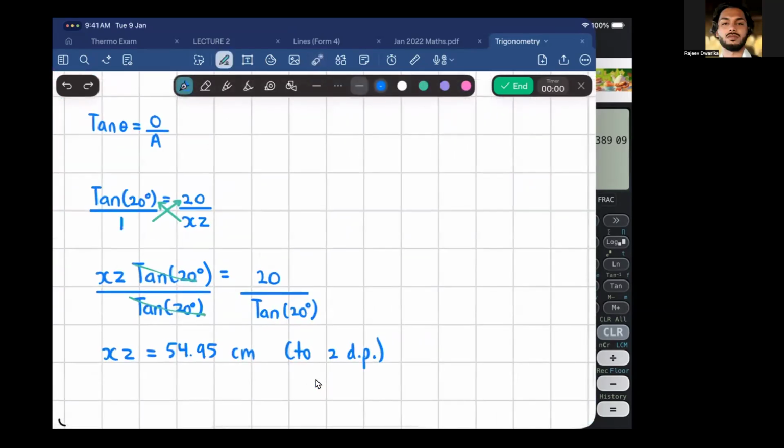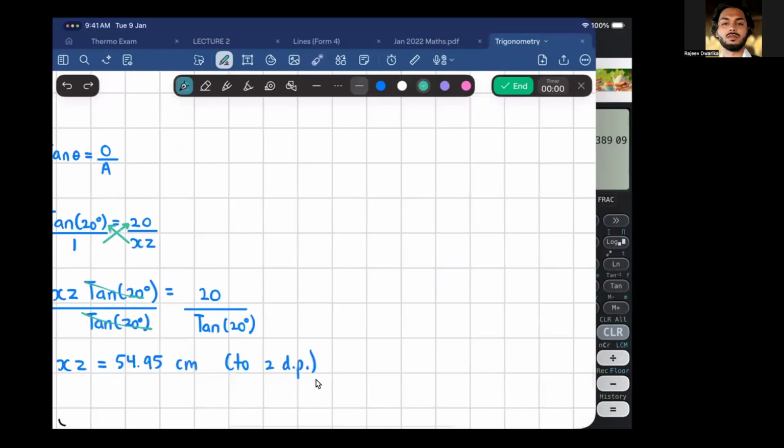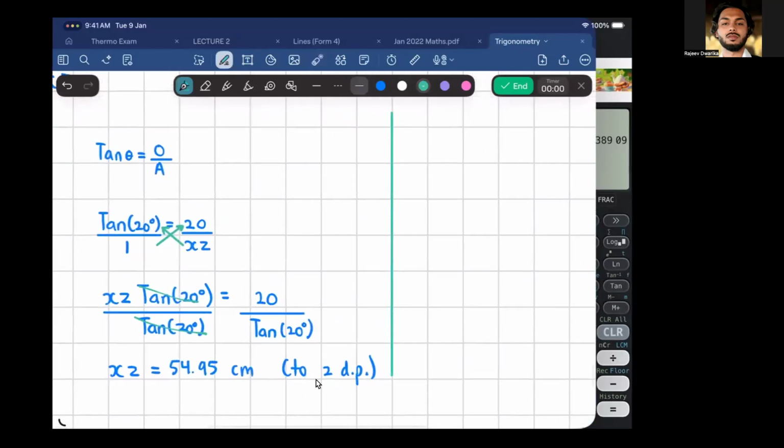Let me include the alternative solution. Another way to do this question: tan 20 degrees is equal to 20 over XZ.